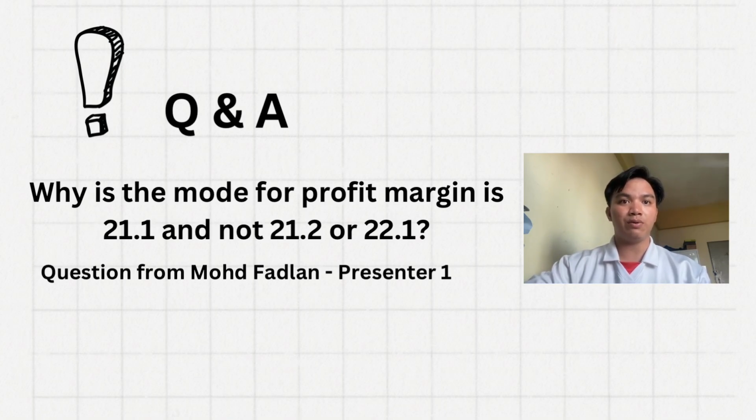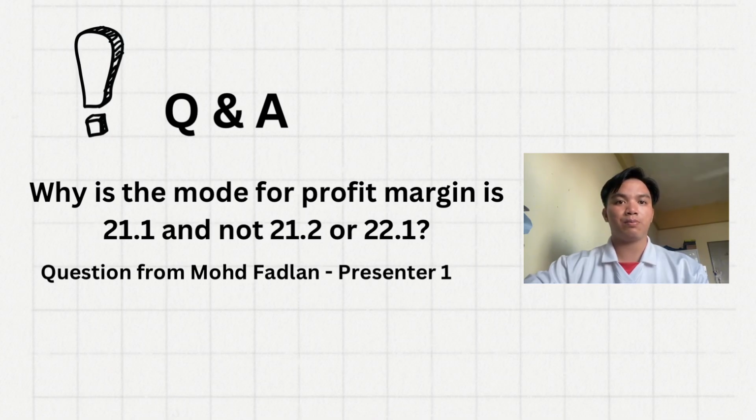The mode is the value that appears most frequently in a dataset. For the profit margin in this assignment, 21.1% is the mode because it occurs most frequently in the dataset.